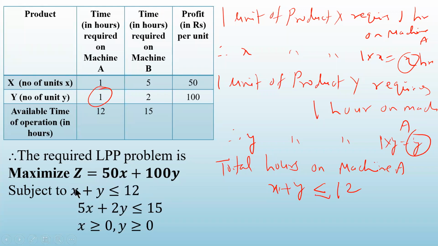Similarly, you can find the second constraint in a similar way. Look at here. 1 unit of product X requires how much time on machine B? 5 hours.